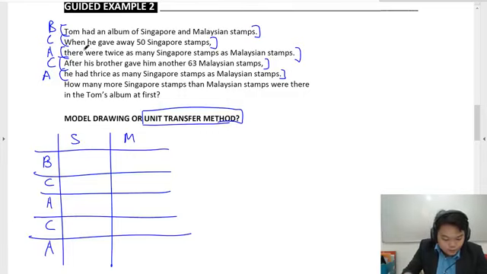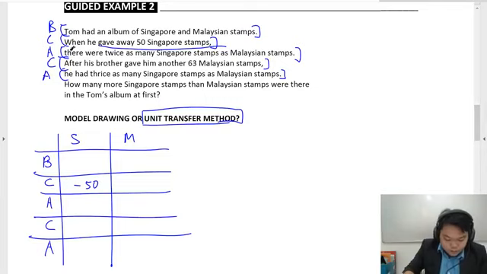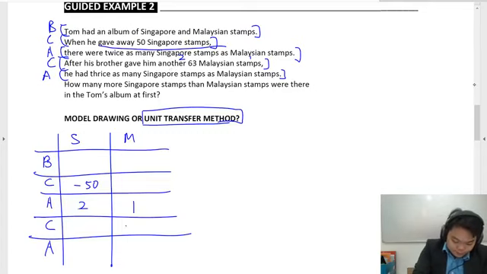So over here, let's just list out what we know. He gave away 50 Singapore stamps. There were now twice as many Singapore stamps as Malaysian stamps. So let's just allocate that in. His brother gave him another 63 Malaysian stamps. So he got 63 Malaysian stamps.